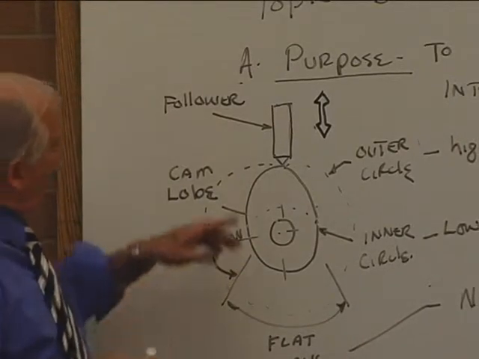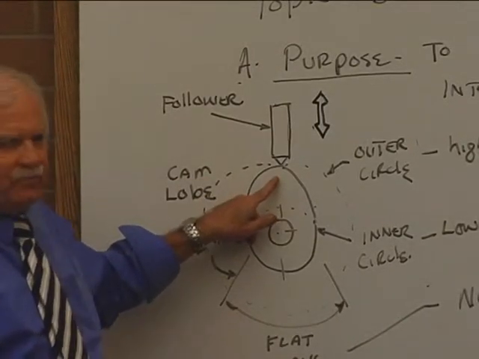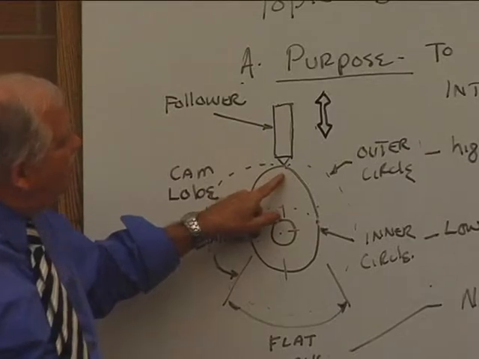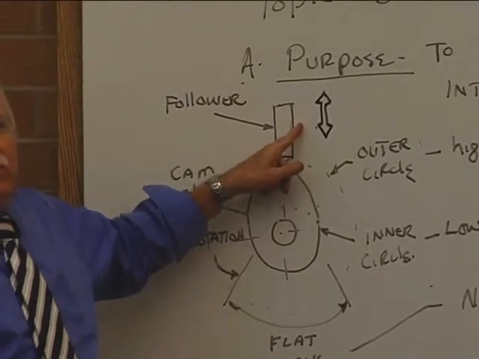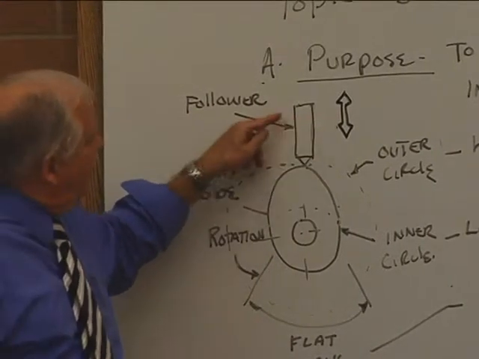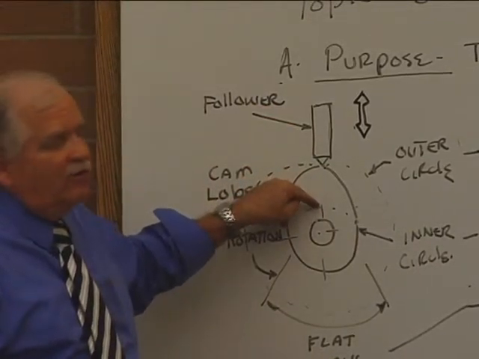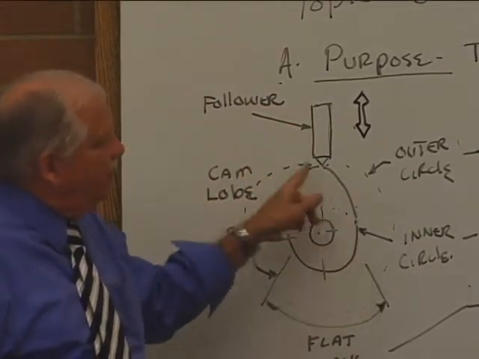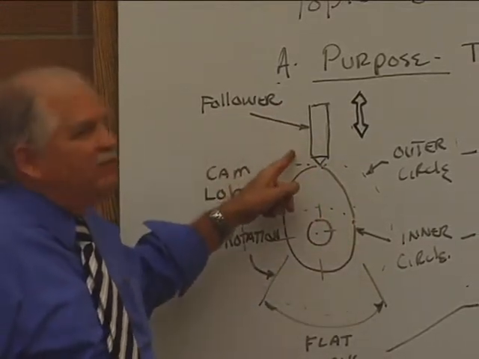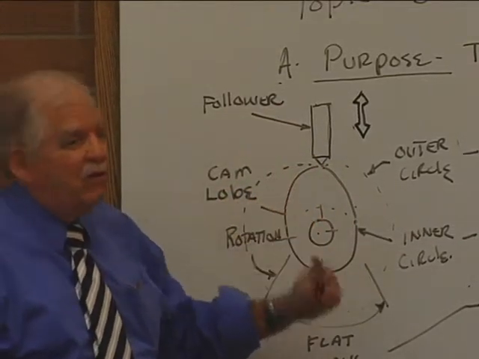So as the cam reaches this high spot, the follower is further away from the center, and then as the cam moves around, it falls down to the inner circle. So there's your rotational movement, and there's your linear movement. And that's basically how this works.